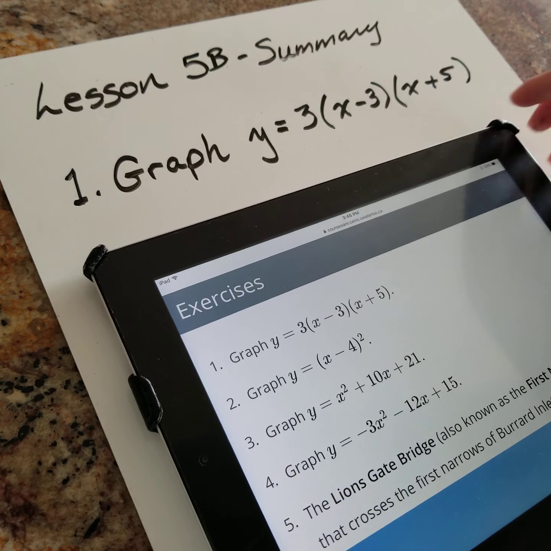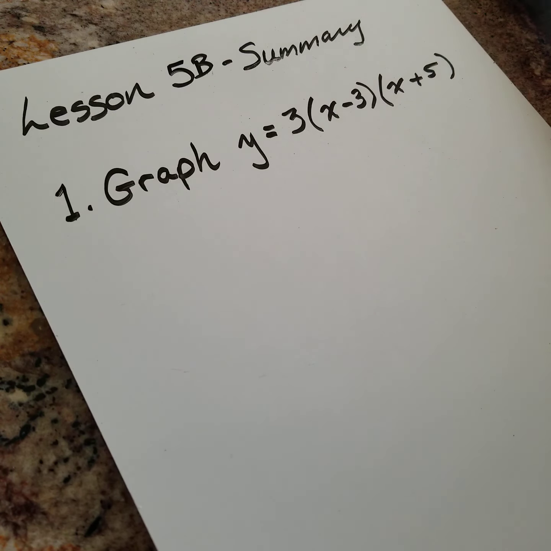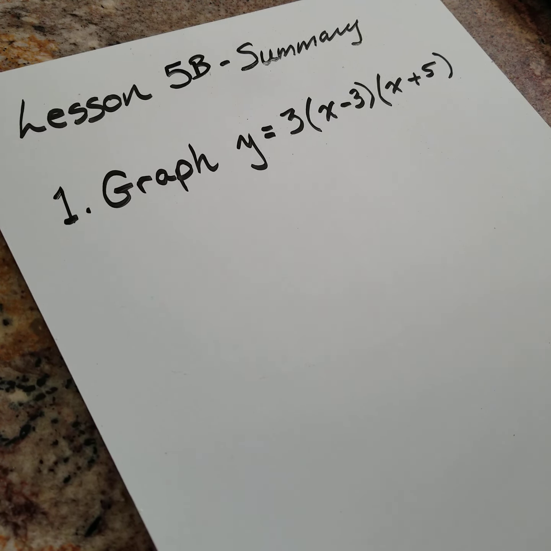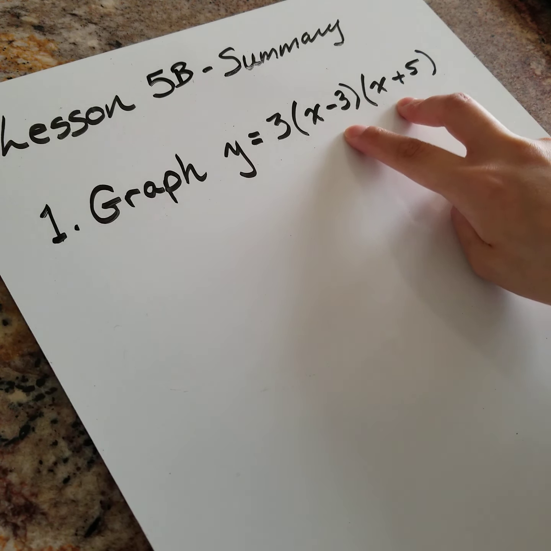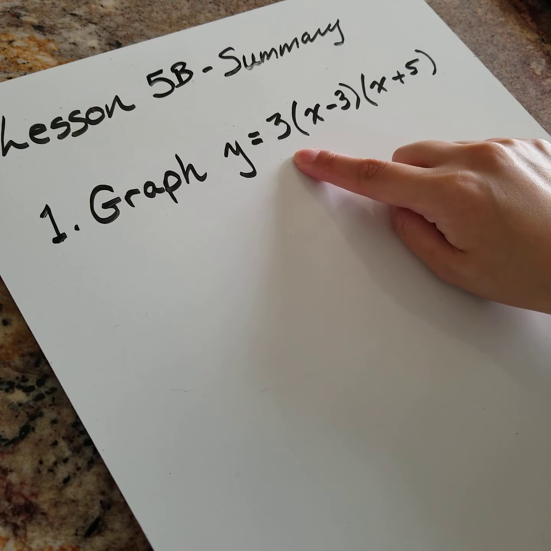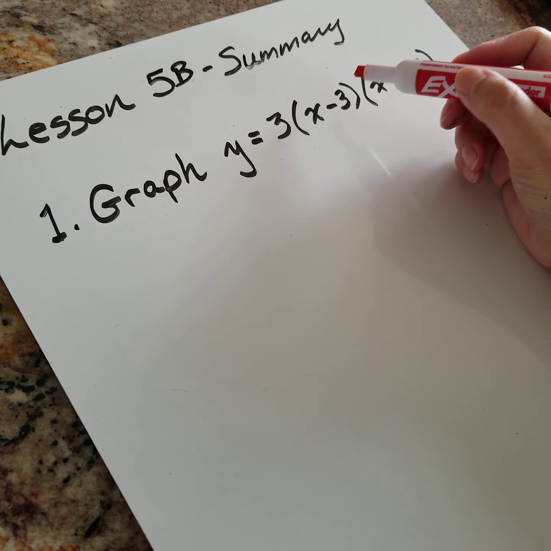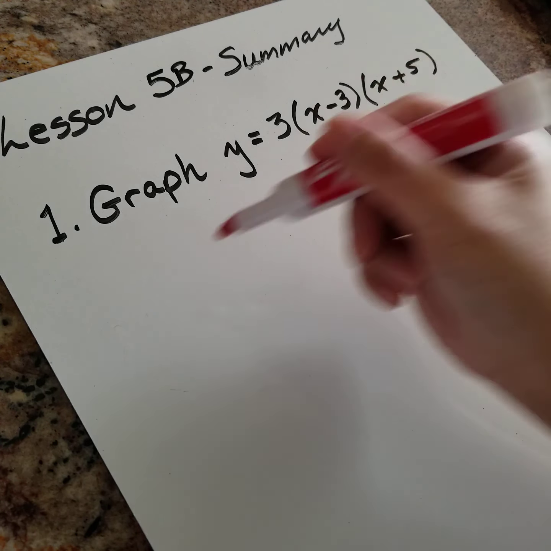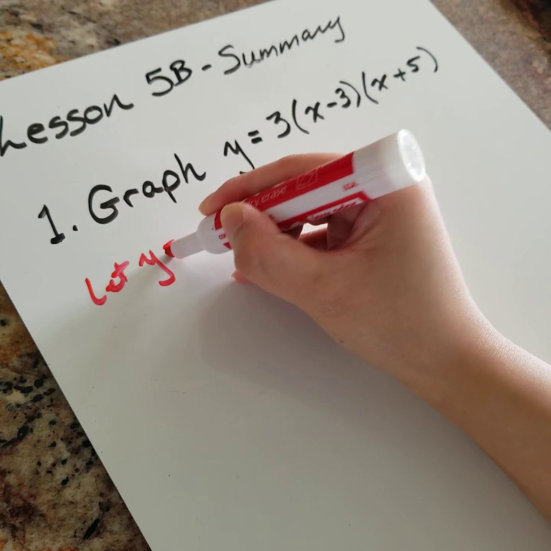So for this first one here, again, it's in factored form. If it's in factored form, we know the most important things that they tell us are the two x-intercepts, and if this graph actually opens up or down. So let's look over here. Remember, when you're trying to find x-intercepts, we would technically say let y is equal to 0.